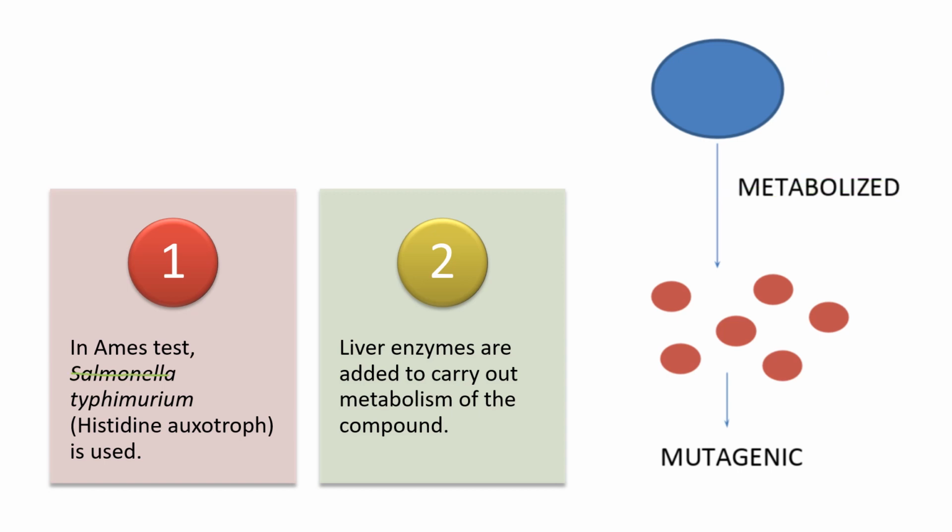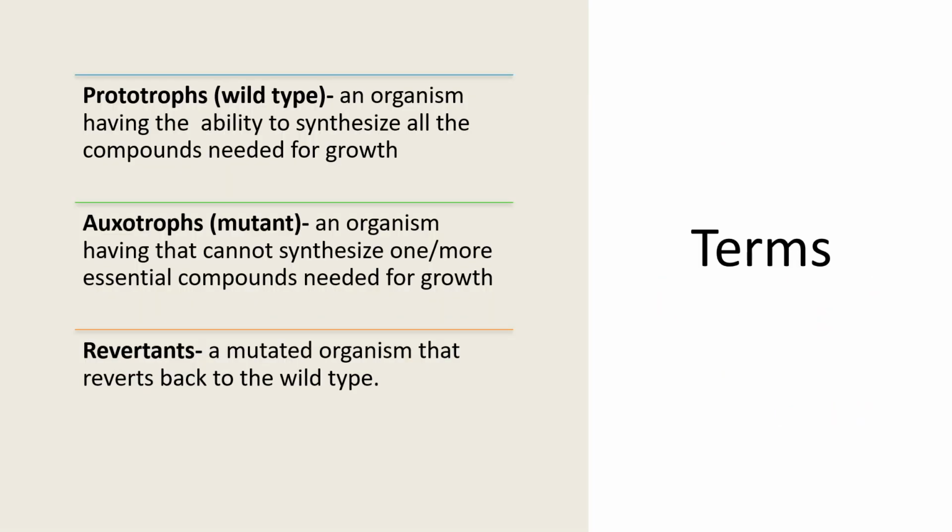Since Salmonella Typhimurium is a bacterium, it cannot synthesize the enzymes that are required for the metabolism of the test compound. Therefore, liver enzymes are added so as to carry out the metabolism of the test compound to get the metabolic products. Before we move on to the actual test, let's clear some important terms.